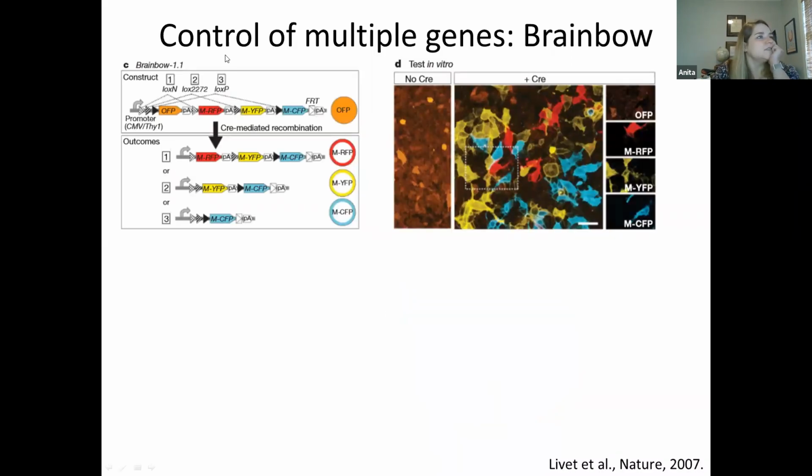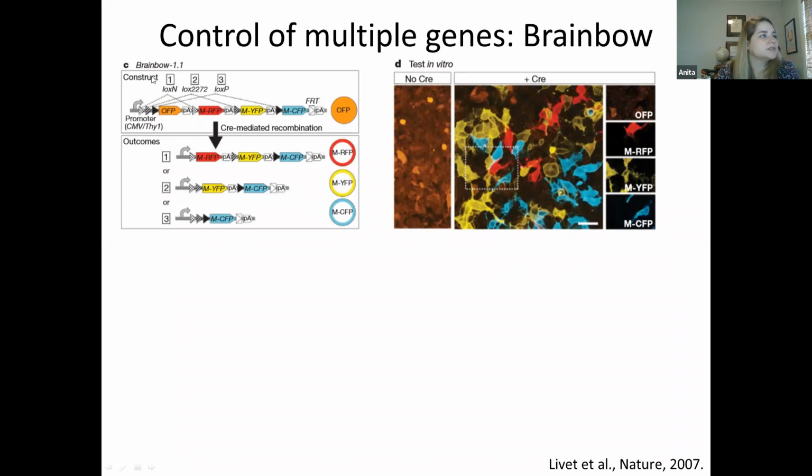For control of multiple genes, I told you in the previous lecture that there are some genetic tricks used for Brainbow. So I'm just going to walk through this example where they're using combinatorial expression of different fluorophores to create a bunch of different colors.